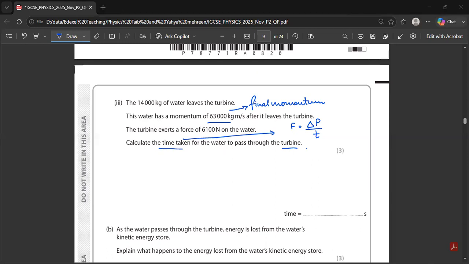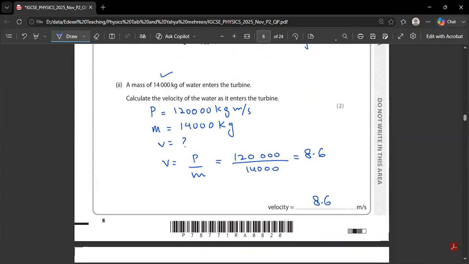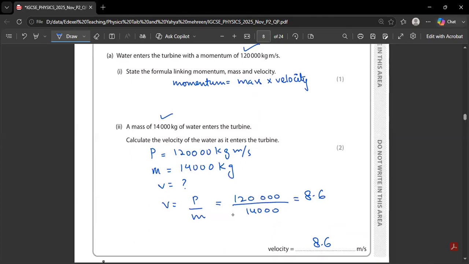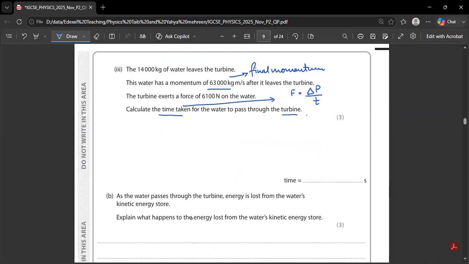So what is the change in momentum? This is what we have to do first. Change in momentum has to be calculated first, right? Delta P means the change in momentum, and for it we need the initial and final values.